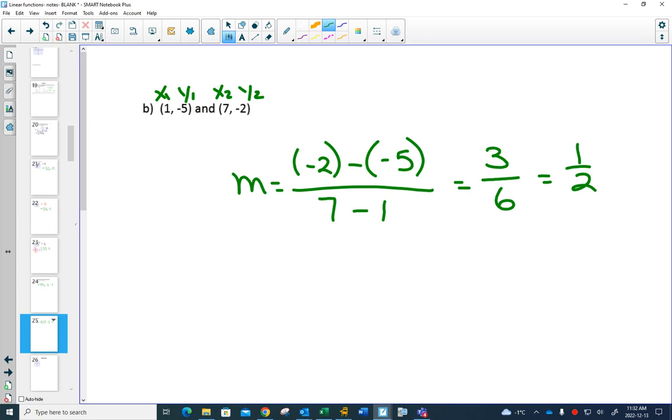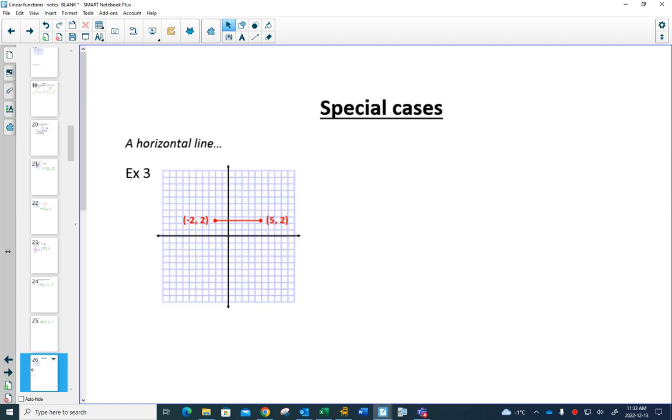And because we started off with defining slope as steepness and talking about the steeper it gets, the higher the slope, as far as special cases go, you already know the horizontal line. You already told me that it has no steepness, so its slope is 0. But we're going to see how the formula tells us that.